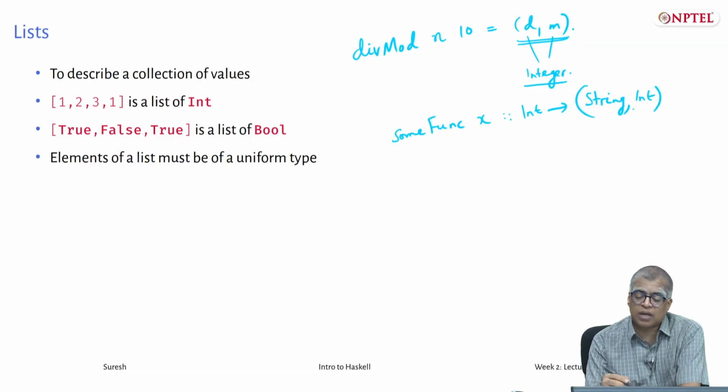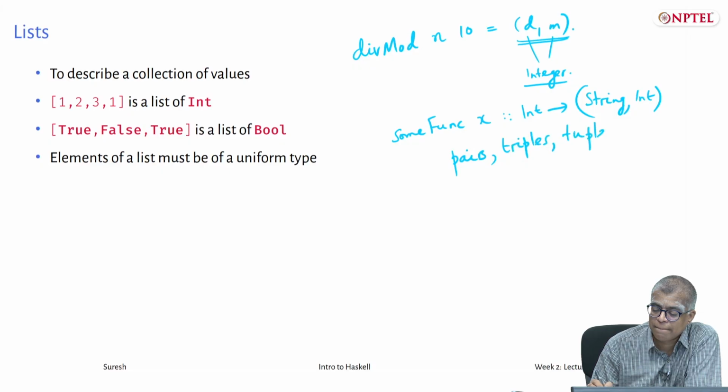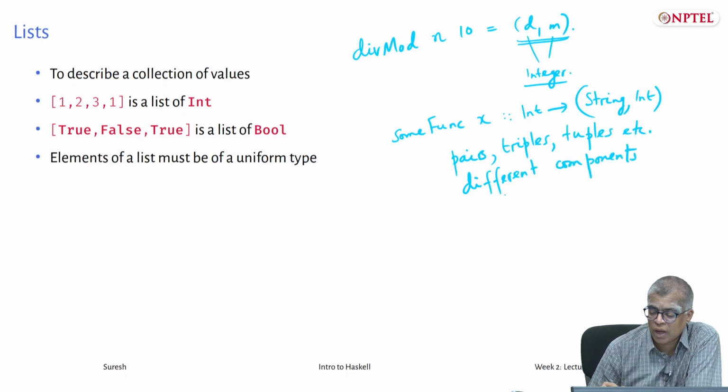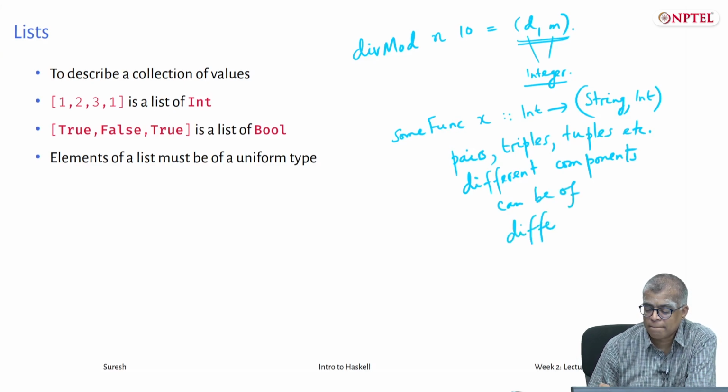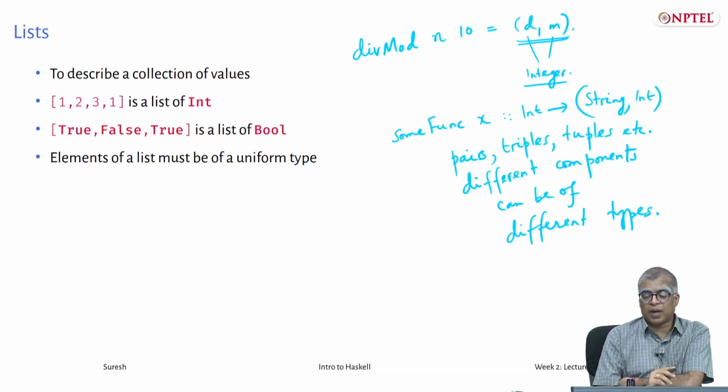So the point is that in pairs or triples or in general tuples, the different components can be of different type. But in a list, all elements must be of the same type.